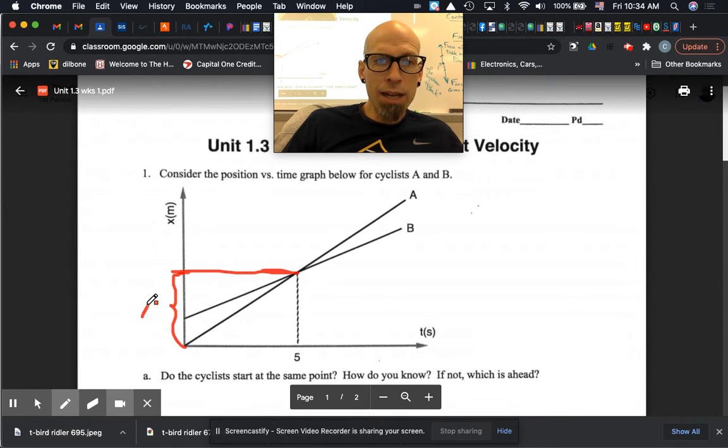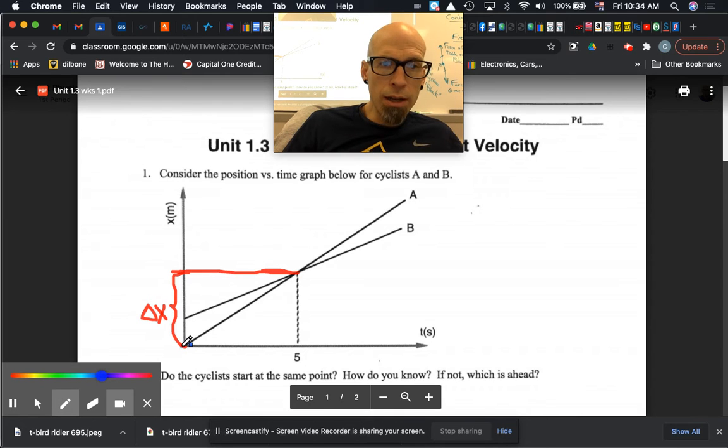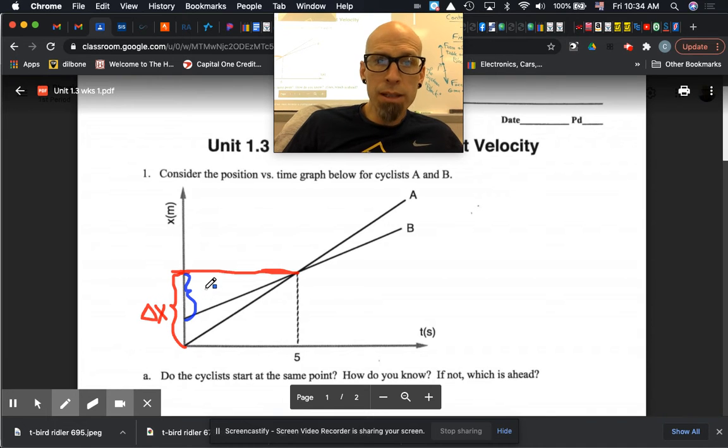So A's delta X, if I can write that here, A's delta X is big. Okay. Now B, hold on, let me change the color here. B started here and went up to here. They're both at the same place, but B started way further up on the axis.